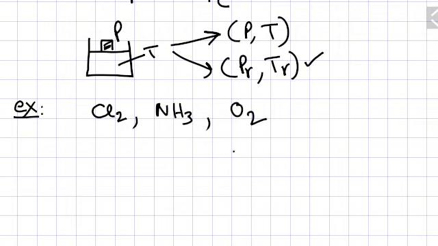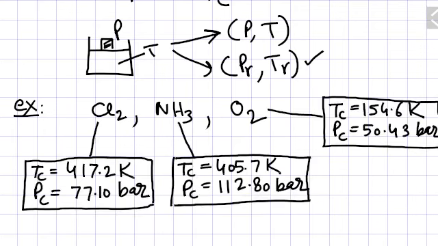From the table we will find the critical data of each of these gases, that is, the critical temperature and pressure. Here you can see the critical data for chlorine, the critical temperature in Kelvin and the critical pressure in bar, and likewise for ammonia and for oxygen.